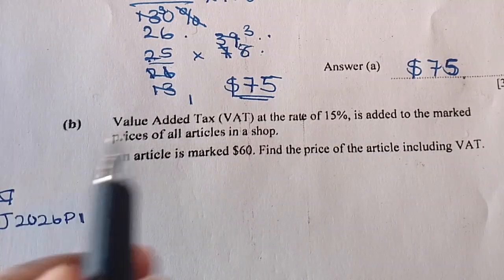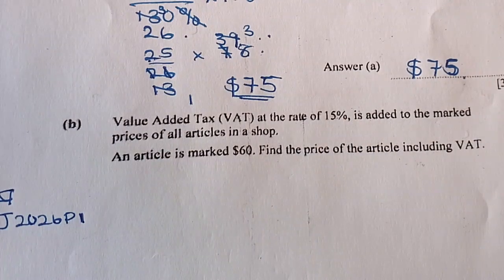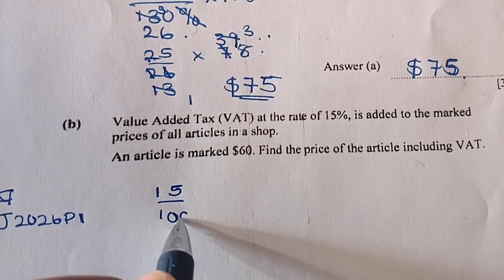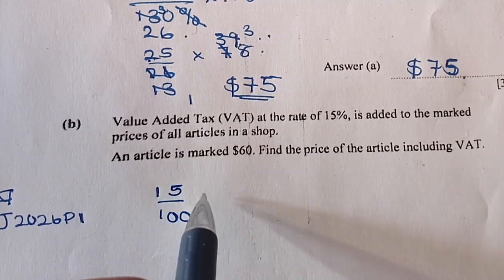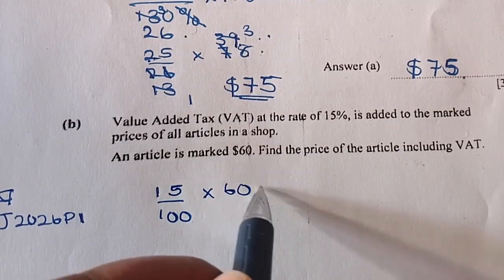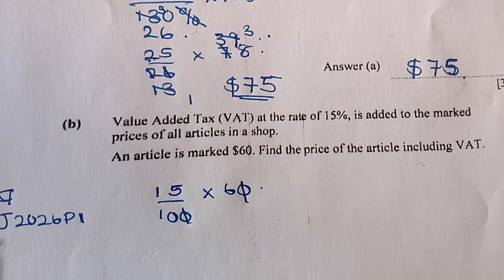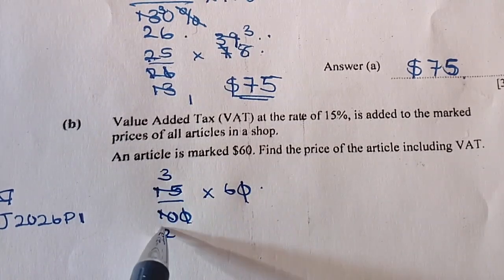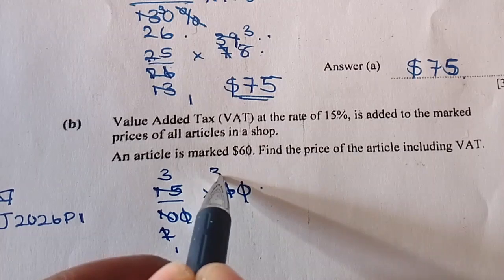So the value added tax is 15% of the marked price. So we are saying 15% of our marked price, which is $60. So it's 15/100 times $60, 10 by 10, then by 5, 2 by 5, 3, then 2, 1, 2, 3.